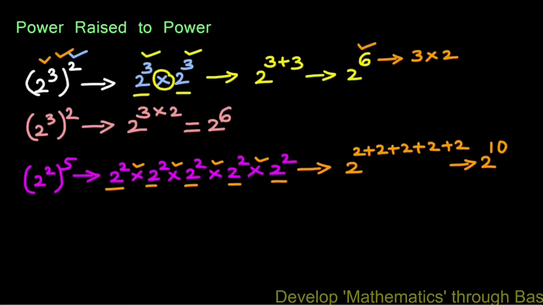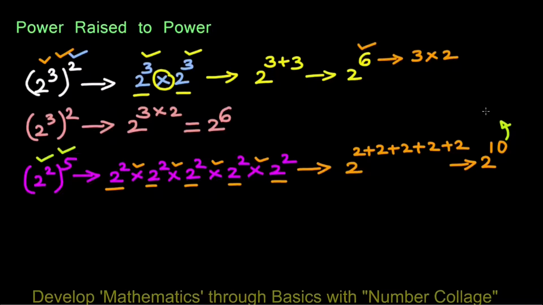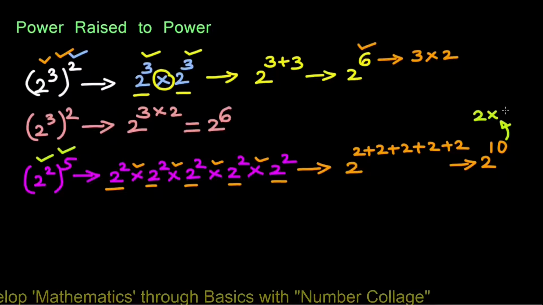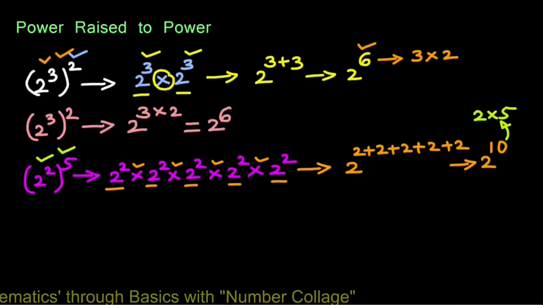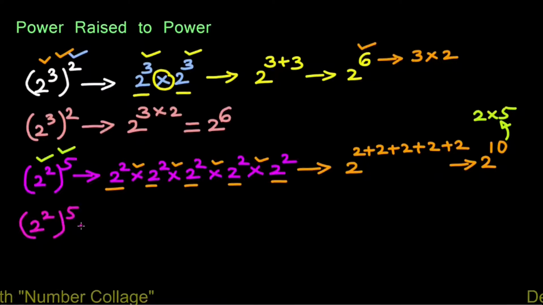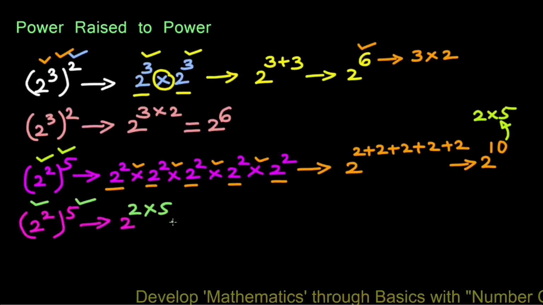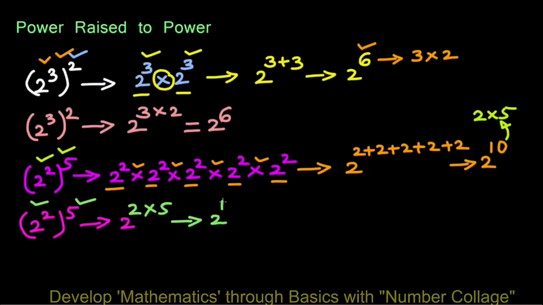But do you observe that we can obtain this 10 by multiplication of this 2 and 5. So this 10 is 2 multiplied by 5. Which means we can write this 2 squared raised to 5 as 2 raised to this 2 multiplied by this 5. So that gives us 2 raised to 10.